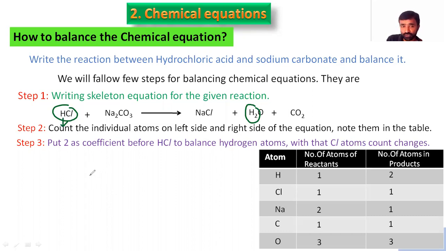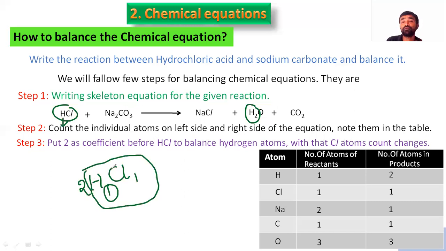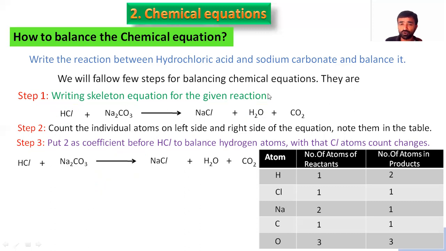In HCl, the subscript of H is 1, and the chlorine subscript is also 1. Then I need to multiply this by 2. So I am writing 2 as a coefficient before the formula unit, not anywhere else. So before HCl, I will write 2. Drop the equation and put the coefficient 2 before HCl. Then, is there any change in the count of chlorine?